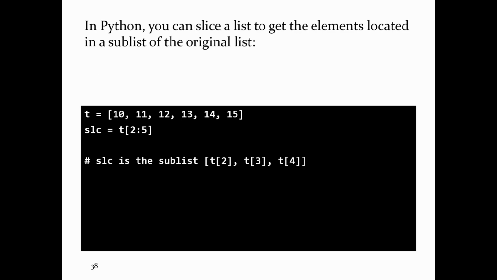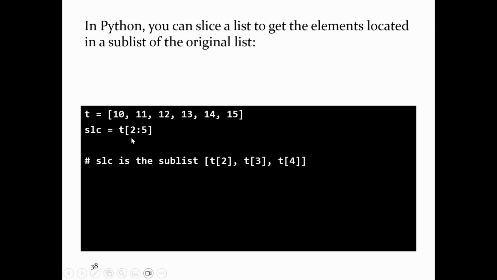Okay, so with Python lists, you have a way to select a sublist from an existing list, which is really handy in many cases. The slice in Python uses the colon operator. For example, a slice of the list t, starting at the 3rd element, going up to but not including the 6th element.